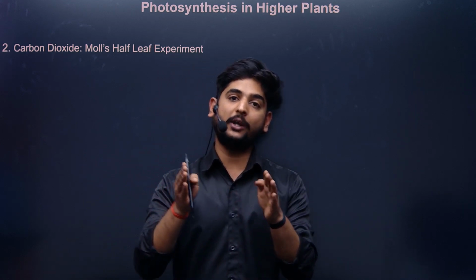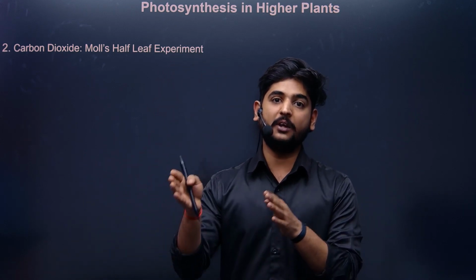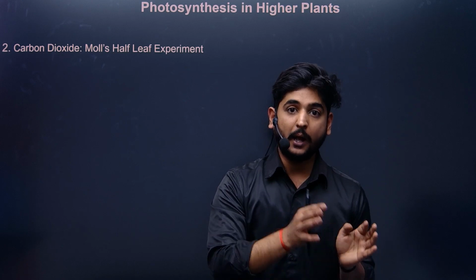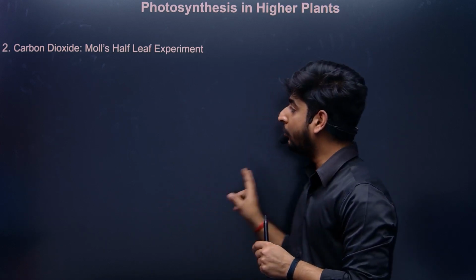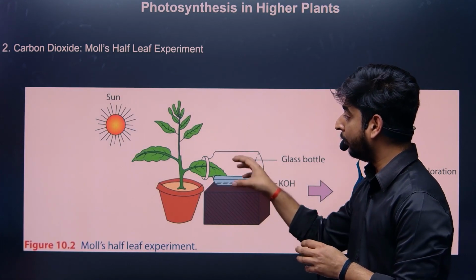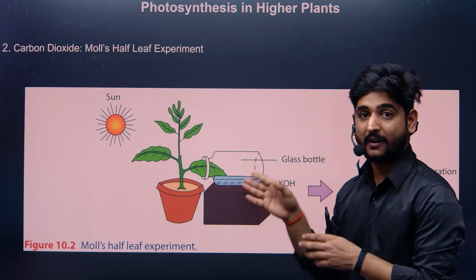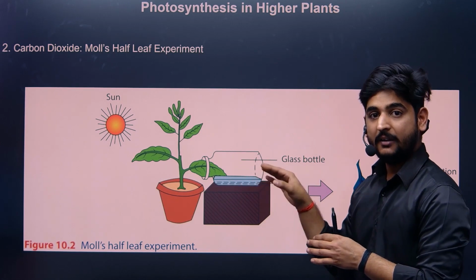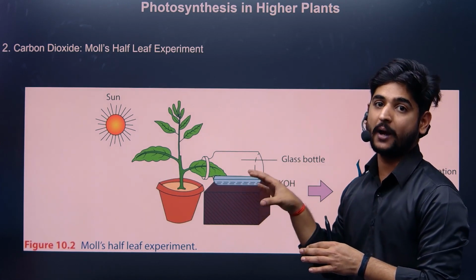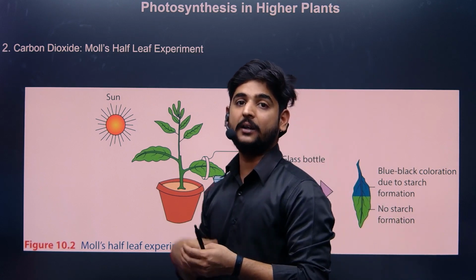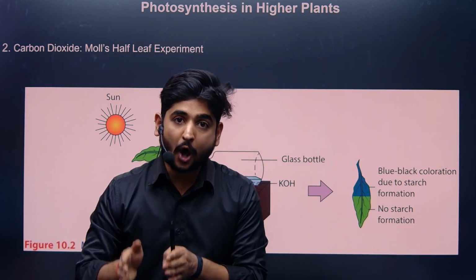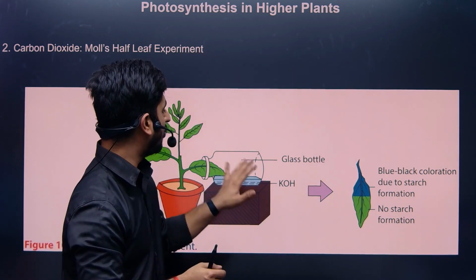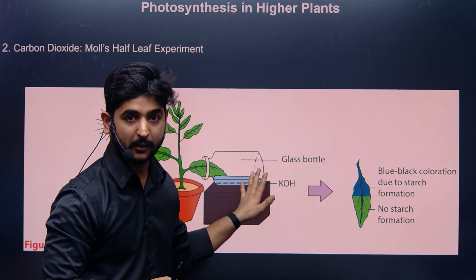Same way we are going to destarch the plant, and then again we are going to put it into sunlight. But this time we are going to put half of the leaf inside a container which contains KOH, potassium hydroxide. Since we all know that potassium hydroxide absorbs carbon dioxide, there will be no carbon dioxide in this part of the experiment.